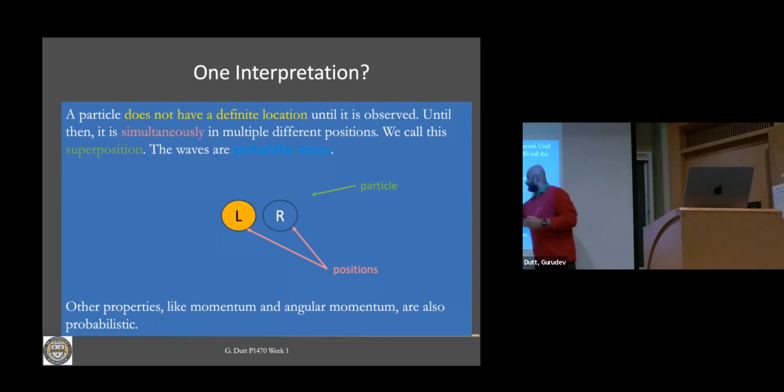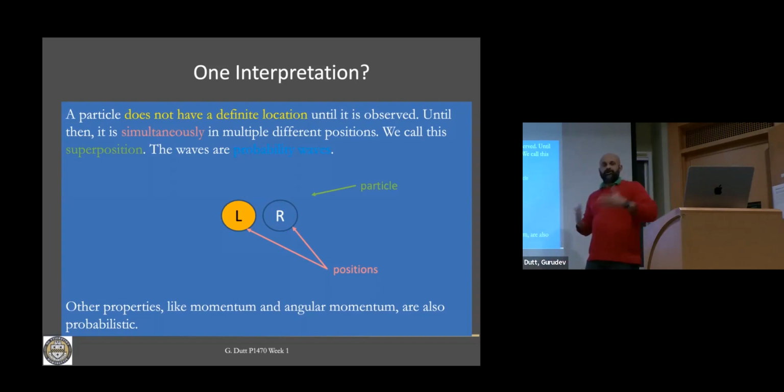And, for example, there's the left and the right positions of an electron, or electrons going through double slits, photons going through beam splitters. And we describe these waves in a superposition when they are in these multiple different positions. Okay, and there are other properties, momentum, angular momentum, etc. All are also described in this way.